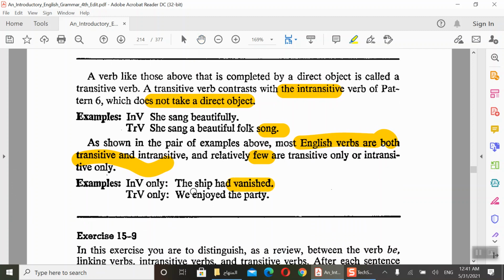The verb vanish is only intransitive: The ship had vanished. That is button number 6 only. Enjoy is only button 7: We enjoyed the party. We enjoy and stop is ungrammatical, so we say we enjoy the party. The ship had vanished needs no completion.